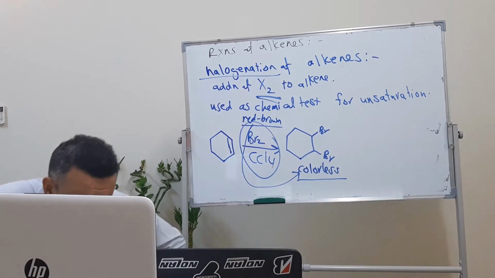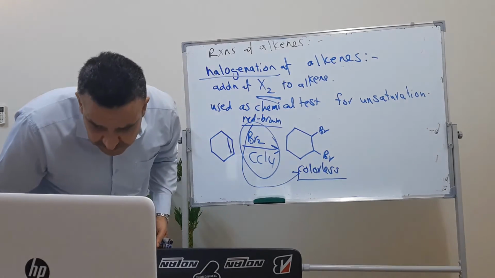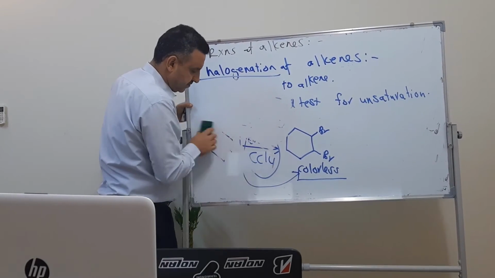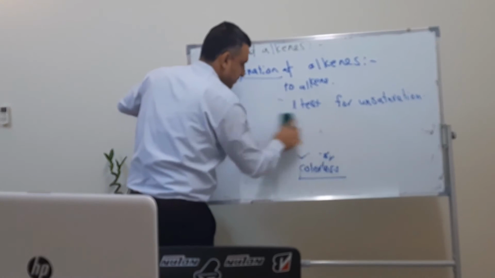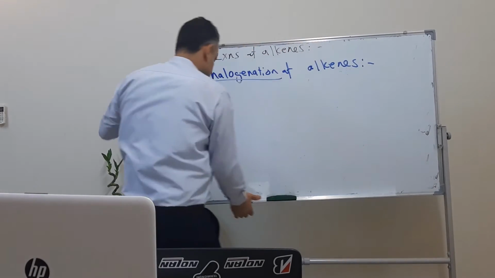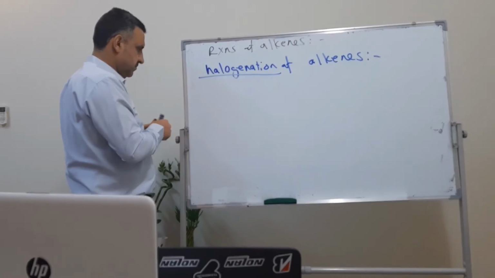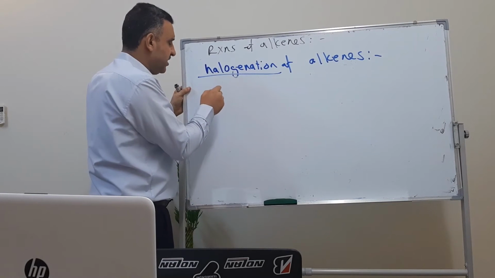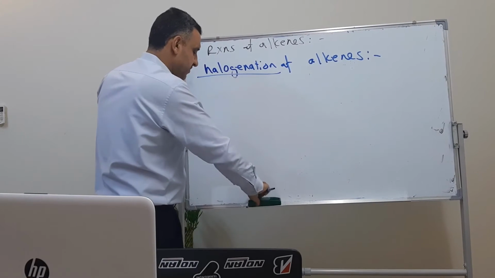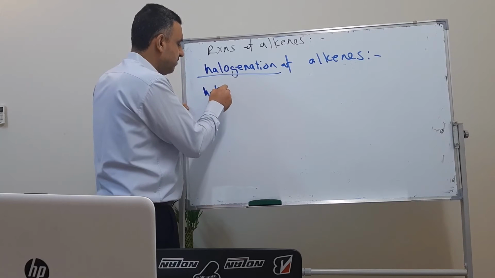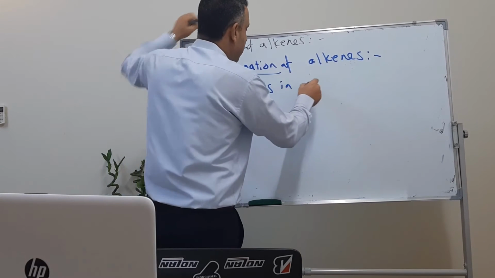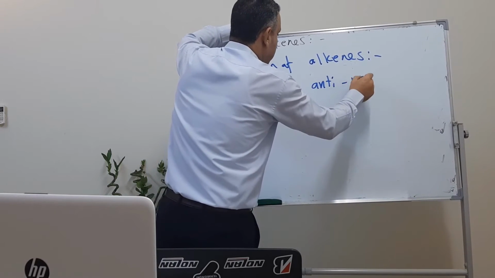Now let's talk about the mechanism of the halogenation reaction. Let's talk about the stereochemistry first, and then the mechanism. The halogenation reaction produces addition of halogen in an anti manner or fashion.